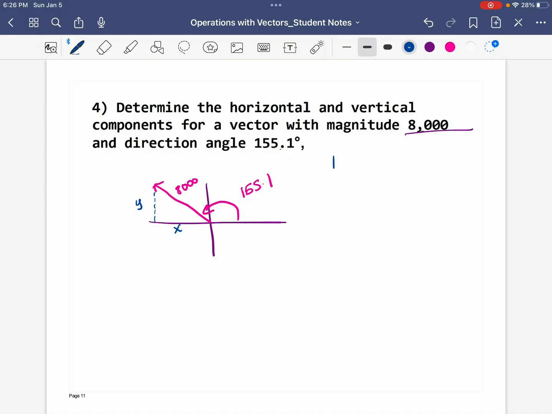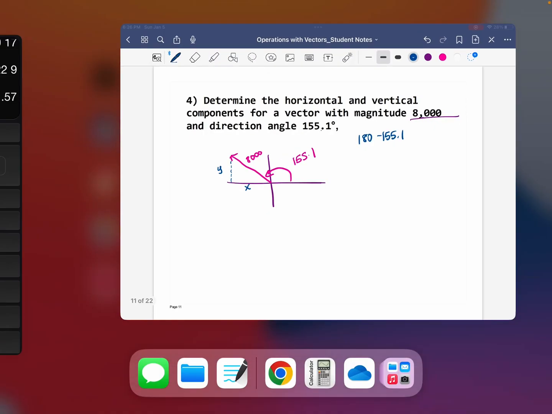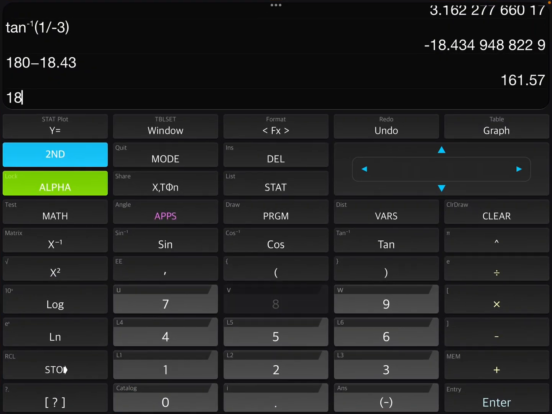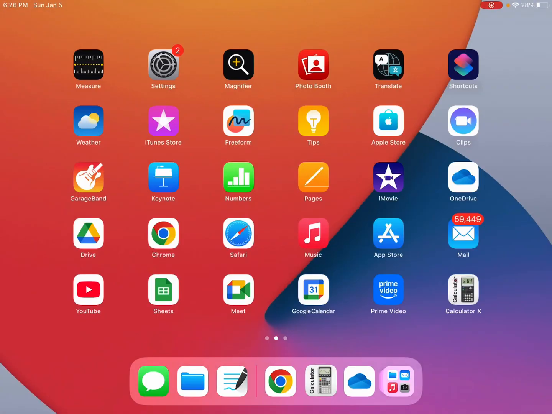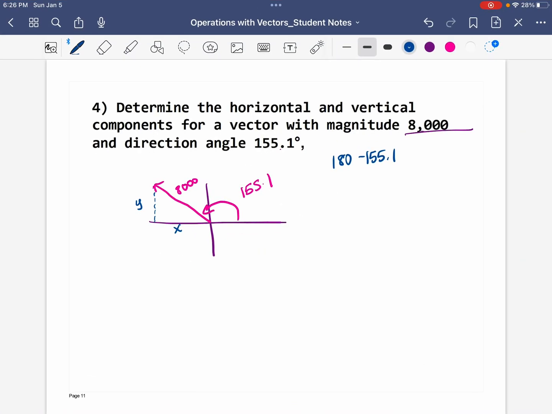180 minus 155.1 is going to give me the little reference angle, which is 24.9. So that's the angle in here. And if I want to solve for y, it's opposite over hypotenuse, which is sine.